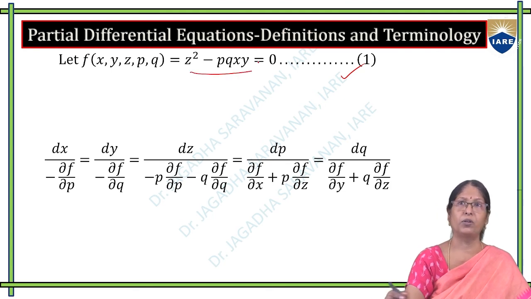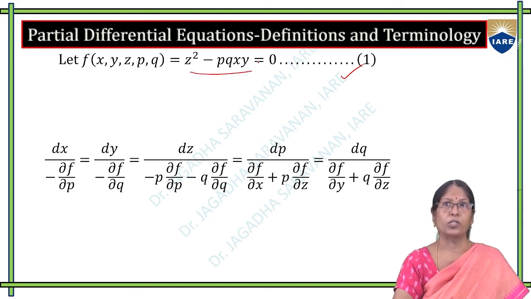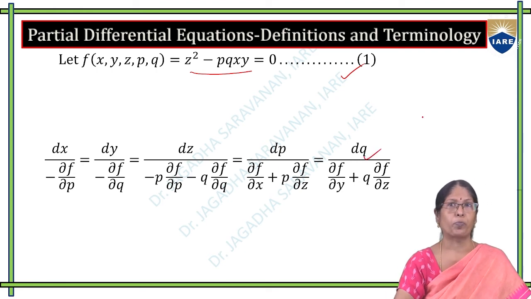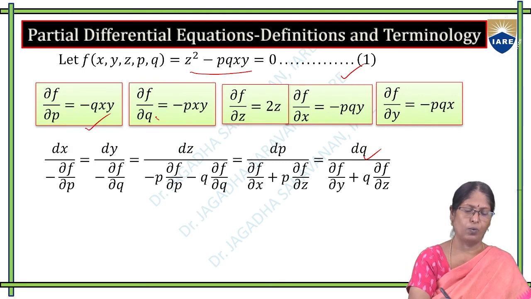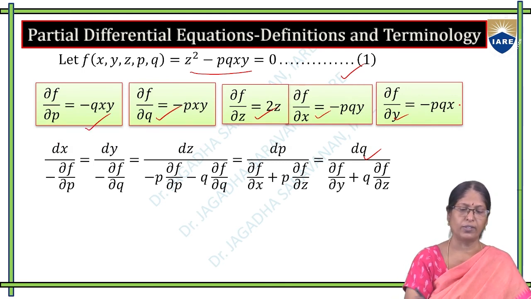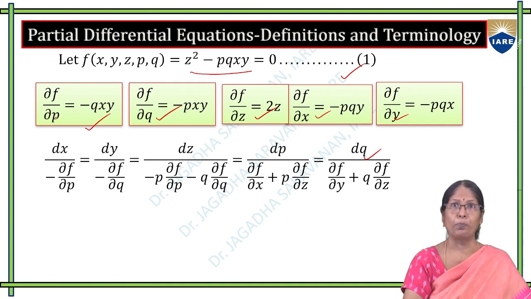Here the term given is z square minus pqxy. This is our Charpit's auxiliary equation. So here we have done dou f by dou p, that is, partially we have to differentiate with respect to p.